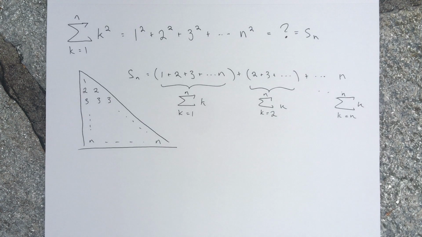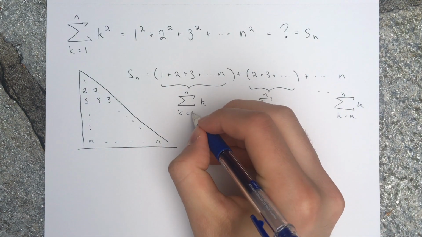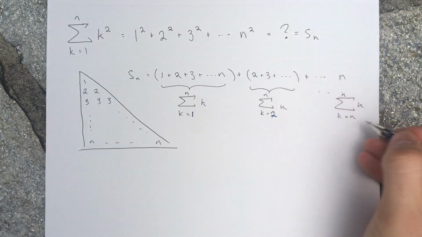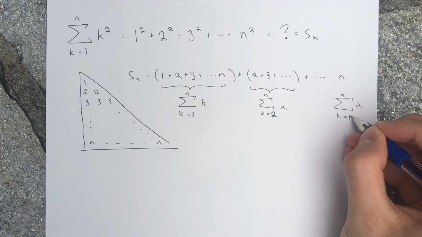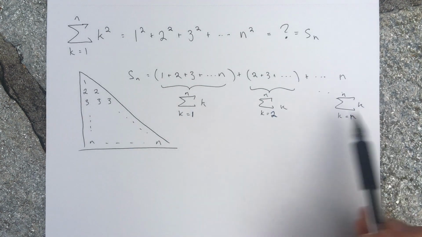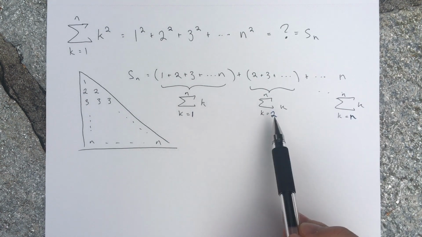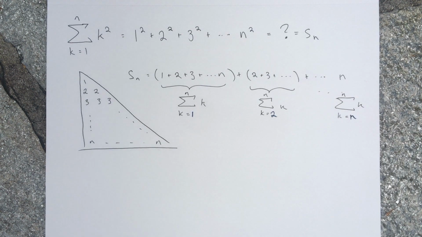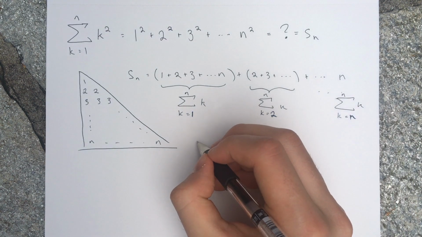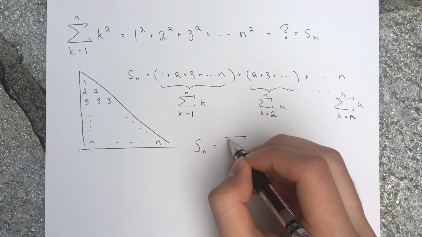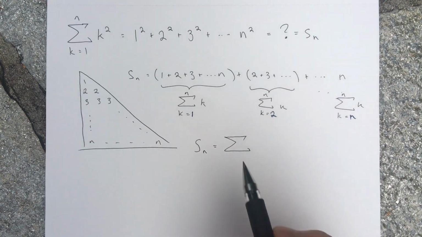And let me just write this in blue right here, this starting point. 1, 2, here we'll have 3, 4, 5, up until n. We have the sum of some values, the starting point, which is changing. So we can actually just rewrite that itself as another summation. In other words, a double sum.